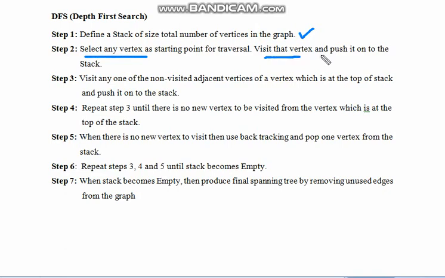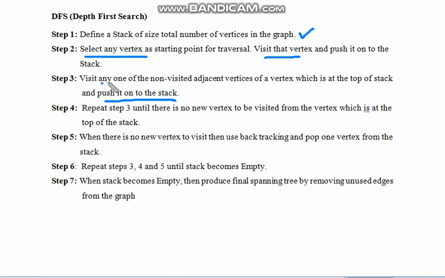Visit that vertex and push it into the stack. See, I chose one vertex as a starting point. From that starting point I start visiting the vertices in the given graph. Whenever you visit a new vertex, insert it into the stack. Then visit any one of the non-visited adjacent vertices of the vertex at the top of the stack and push it into the stack.